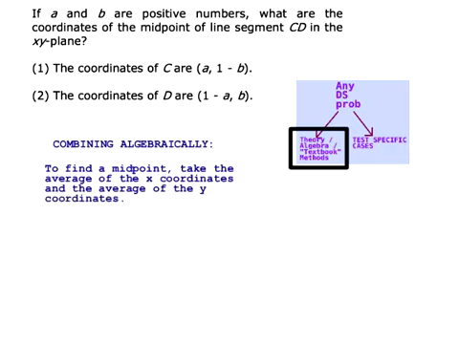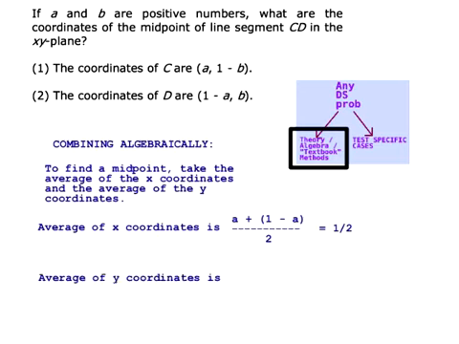So the average of the x coordinates: you just add those up and divide by 2. So add A plus 1 minus A and divide by 2. That gives you 1/2, because the A's just cancel.